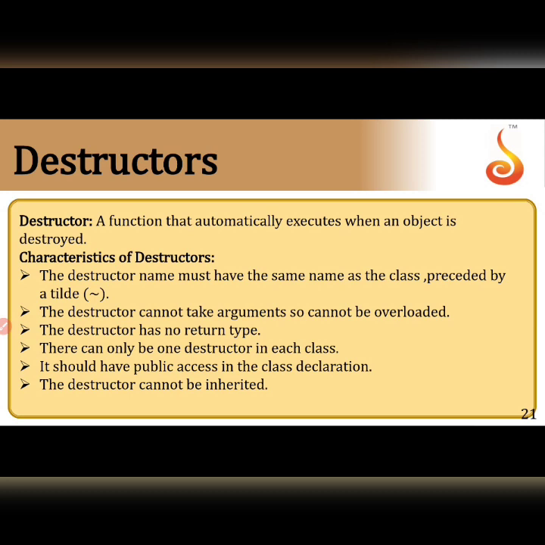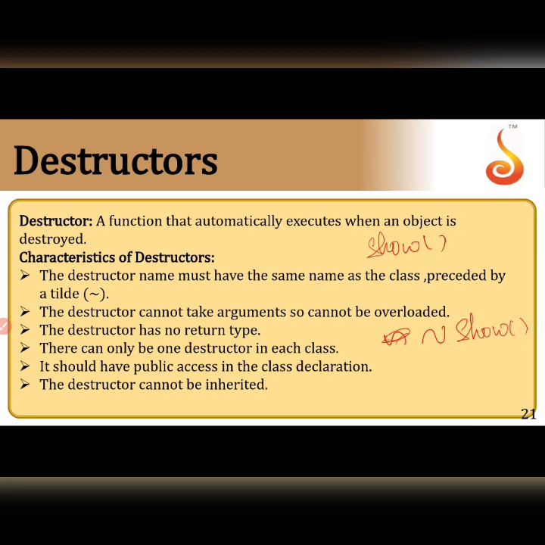The destructor will have the same name as the class name, and it also does not have any return type. The only difference between the constructor and the destructor is the symbol before the name. For example, if show is the class and this is the constructor, then this is the destructor.